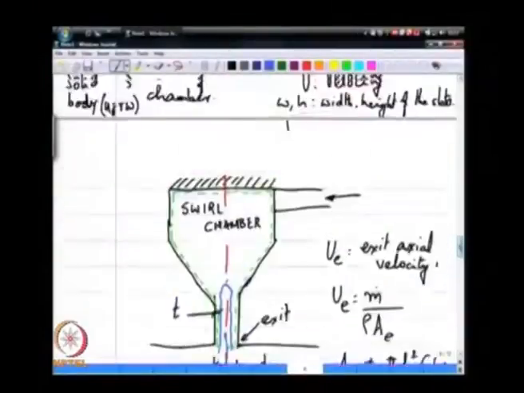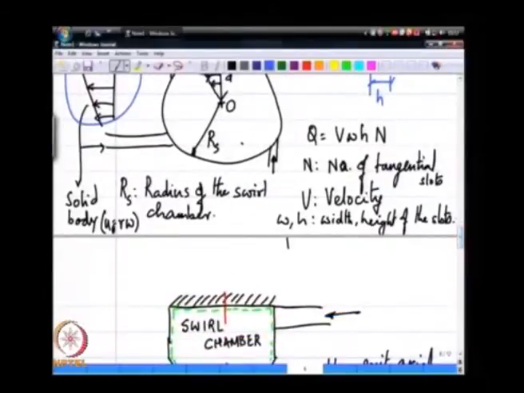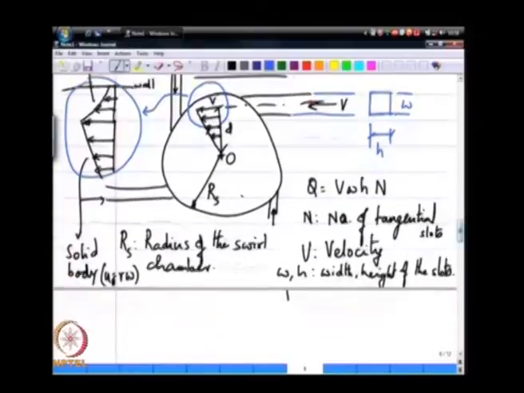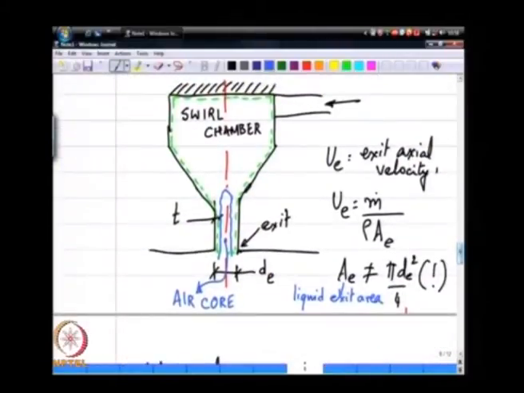So, by varying this number d, the tangential offset of these slots, I can create a higher or lower amount of angular momentum entering the swirl chamber. As a consequence, the swirl chamber geometry dictates the value of AE, the exit area available for the fluid flow.